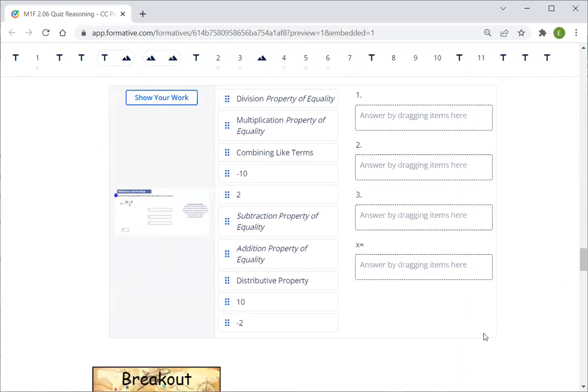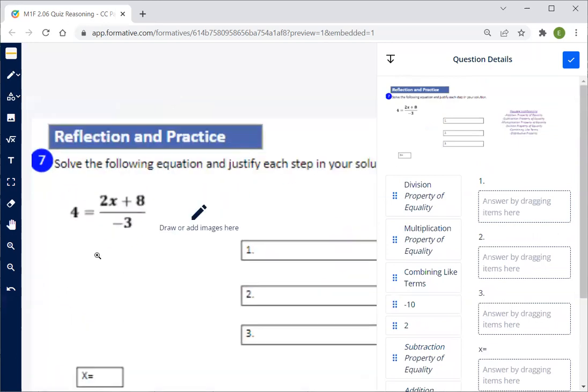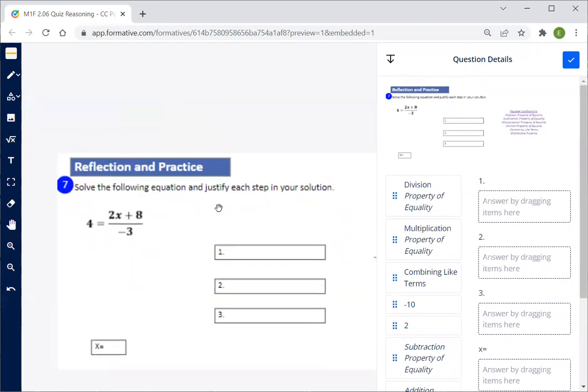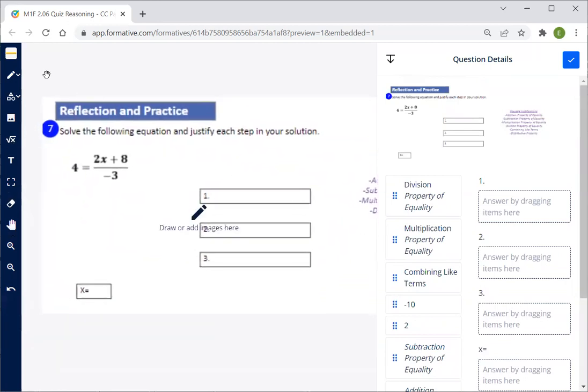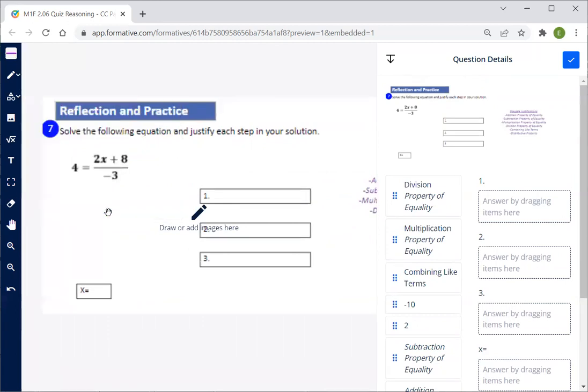Okay, let's try one more just like it. Okay, so for this one, we don't have any distributing because there's no parentheses. There's no like terms.